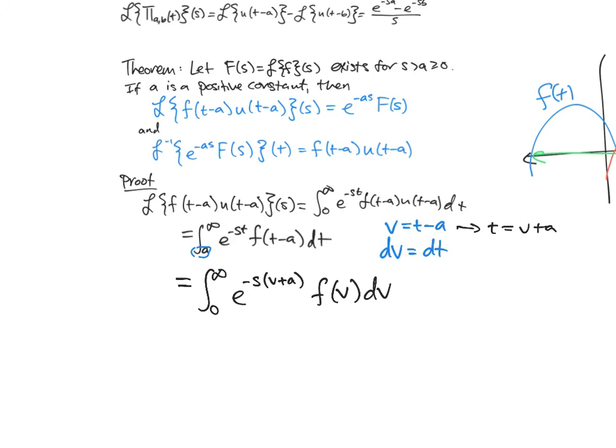Now one of these exponential terms can come out if we break this up into e to the negative s times v plus a, equals e to the negative sa times e to the negative sv. And so the one that doesn't have a v in it can come outside the integral, e to the negative sa. Let's write that as e to the negative as so that it looks like what we have in the statement of the theorem.